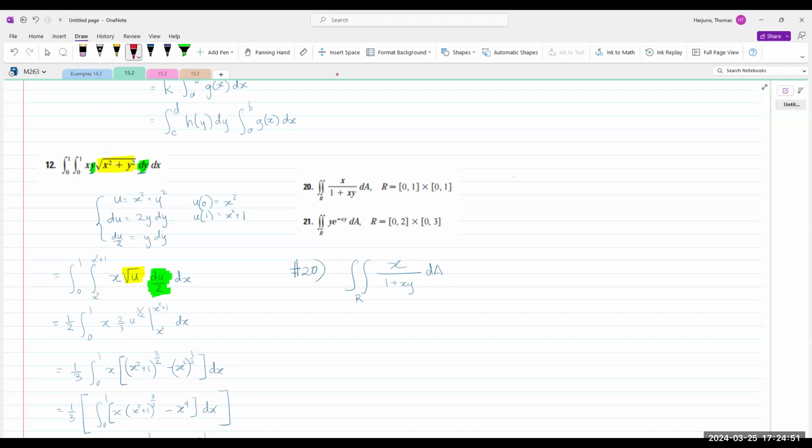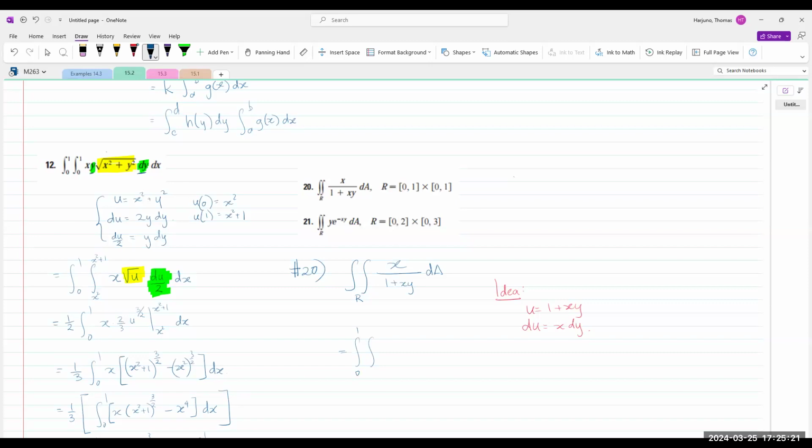Now, idea. How will you integrate that first? I think if I integrate that, I will use u substitution, 1 plus xy, and then I will take the differential with respect to y such that I get x dy. Notice that I have the x on the top, right? Let's do that then. In other words, my first integration will be with respect to y first.